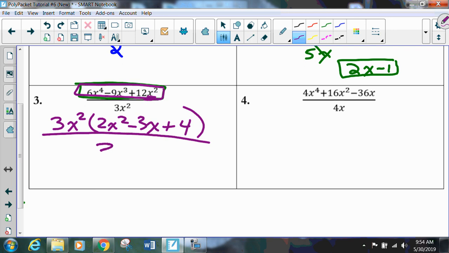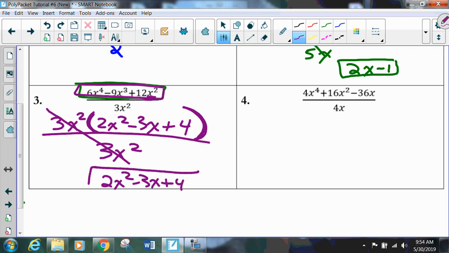All right, and yep, you know this trick. When we have 3x squared times all of this stuff in the parentheses, I am allowed to say 3x squared, cancel that with 3x squared. And what do I have left? I have 2x squared minus 3x plus 4.